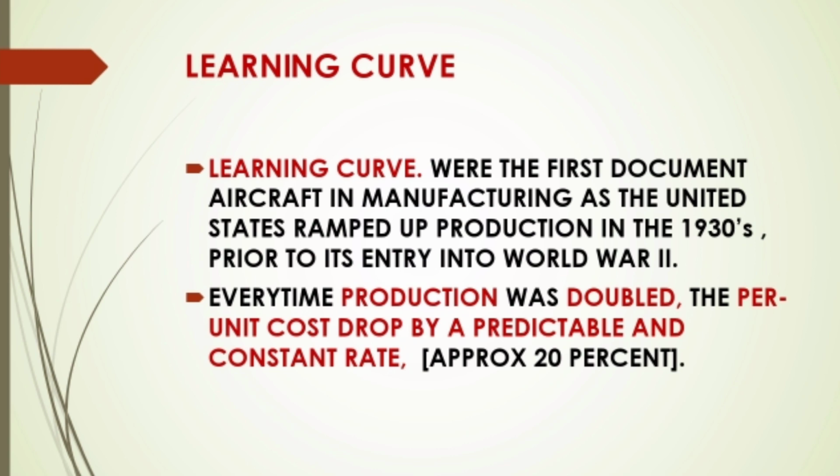An example of where a learning curve can be applied could be a measurable task like a factory worker learning to operate a new machine that requires specific, repeatable steps. As the worker learns to operate the machine following the procedural steps, he becomes faster and more proficient at using it. Every time production was doubled, the per unit cost dropped by a predictable and constant rate.